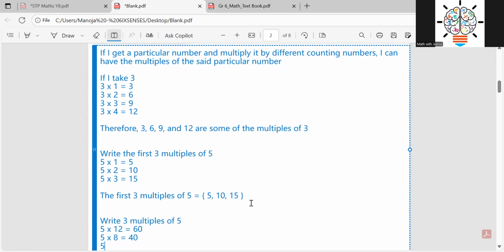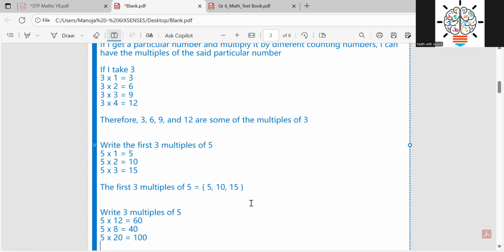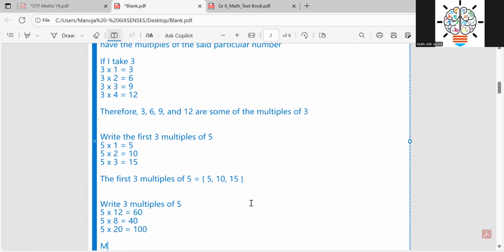Then 5 times 20 equals 100. You can write anything, right? So how do you write it? 3 multiples of 5, and you open the curly bracket and just write 60, 40, 100, in no order, because they have not given a specific order. Then you close the bracket.